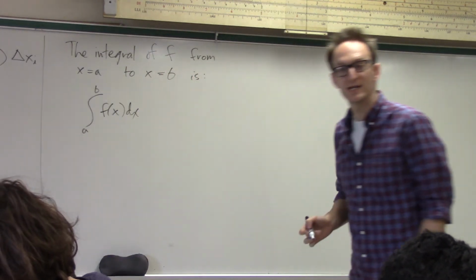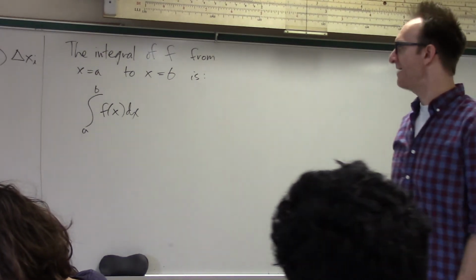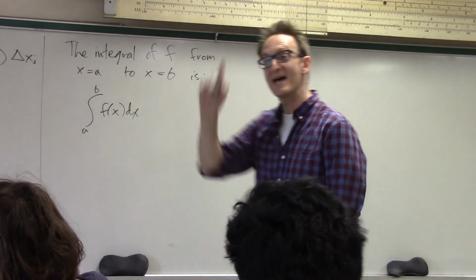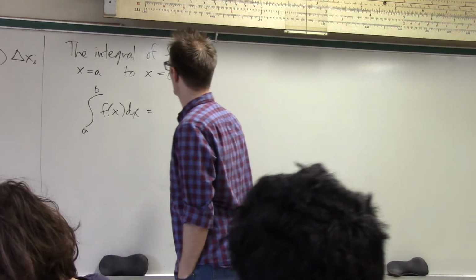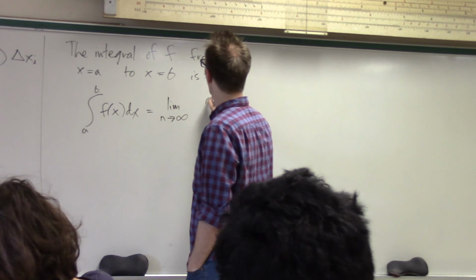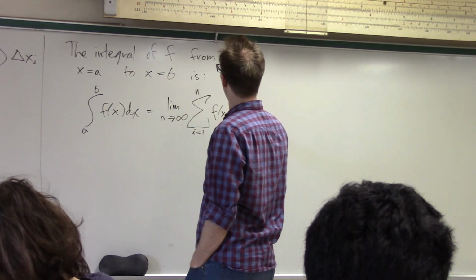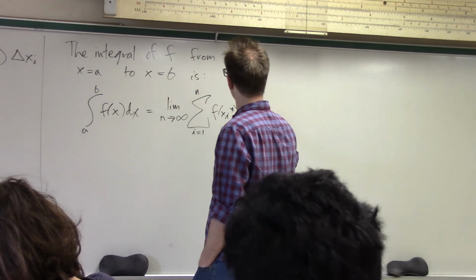So the integral of f from x equals a to x equals b is, by definition, the limit as n goes to infinity of the sum from I equals 1 to n of f of x sub I star delta x sub I.